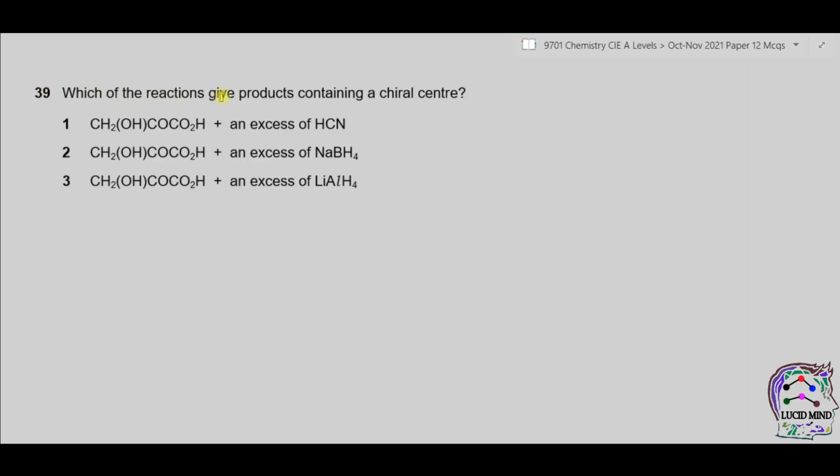Question 39. Which of the reactions give products containing a chiral center? Let's do the reactions. First one is CH2OH, C double bond O, COOH, with excess of HCN. CN will attack this partial positive carbon atom.